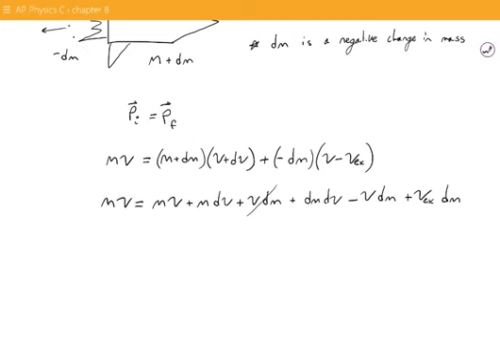One of these terms goes away, and then we've got some other terms that we do need to still consider.